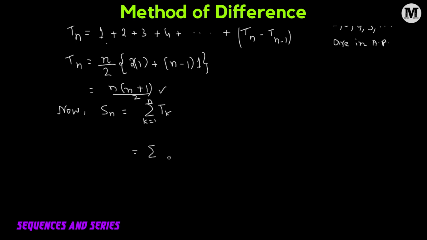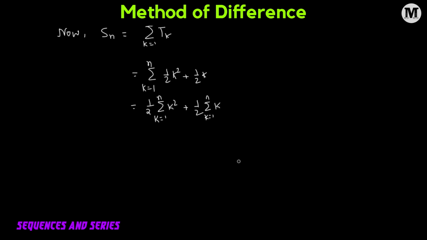So we'll have half k squared added to half k. So we get half summation of k squared added to half summation of k, where k goes from 1 to n. Okay, so let's now find out the sum.